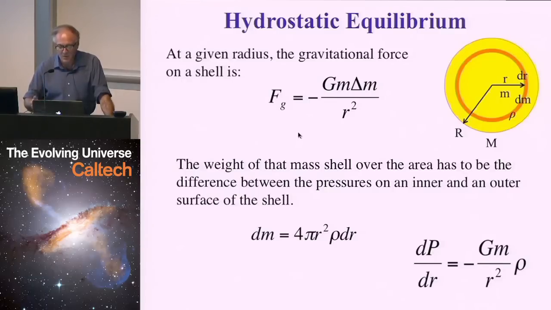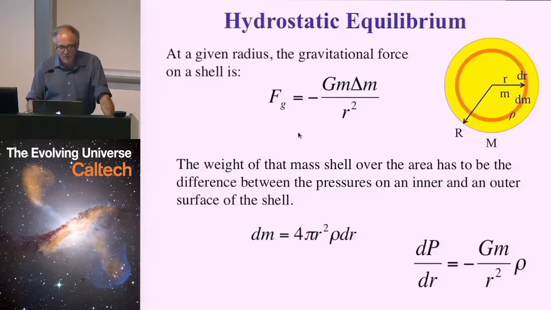So since we know what the element of mass versus radius is, you can then simply differentiate this, and you find that the gradient of pressure with radius is proportional to the enclosed mass, inversely proportional to the square of the radius, simple Newtonian gravity, and the density at that point.